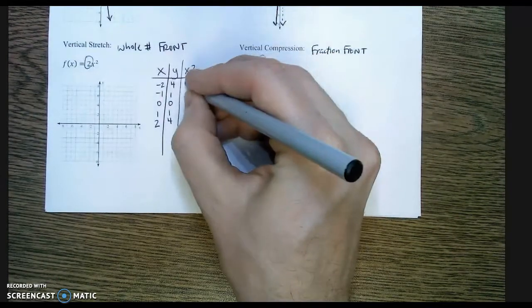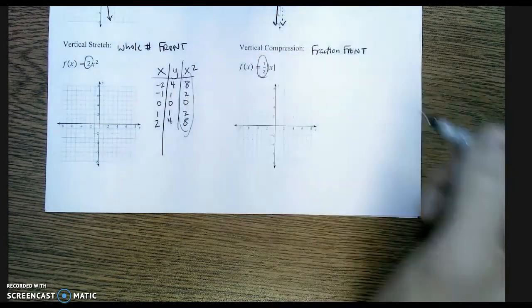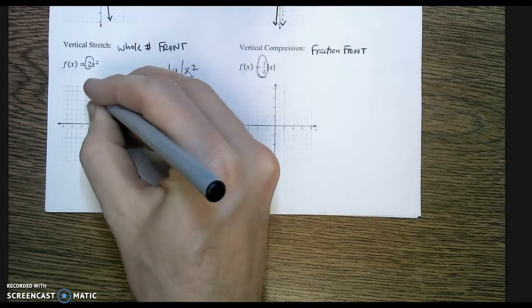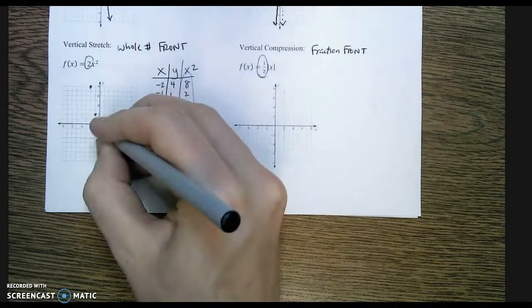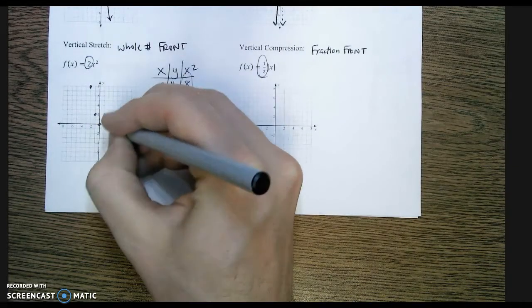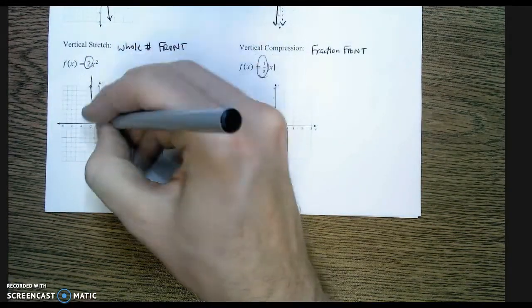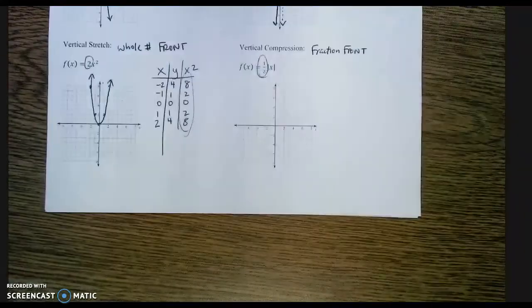So really, we're getting 8, 2, 0, 2, 8. And so these are the y values that you are plotting. So -2 is at 8, -1 is at 2, 0 is still 0, and then 1 is 2, 2 is 8. So it's been stretched along the y-axis, and it looks really skinny and thin.